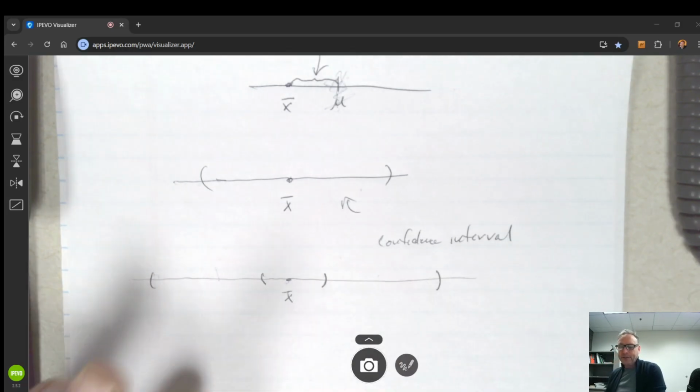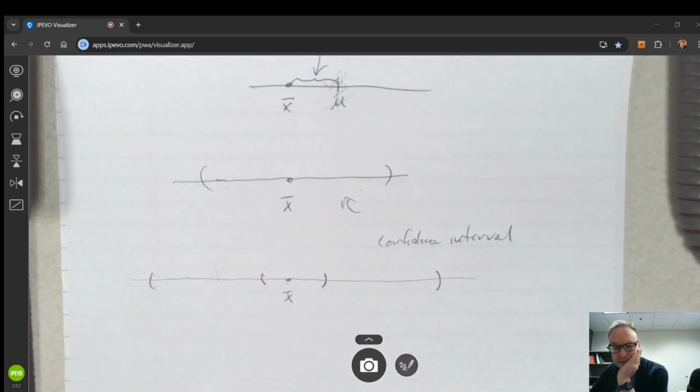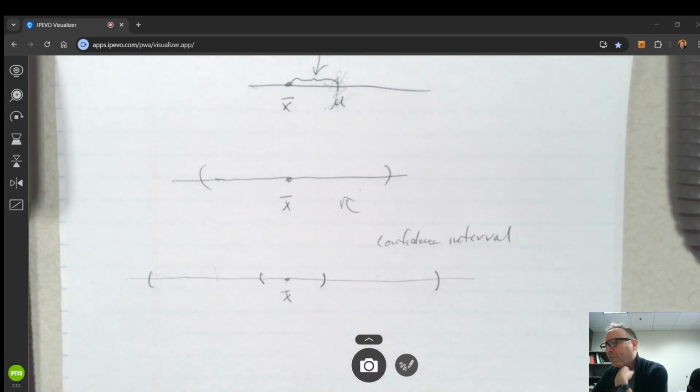So why don't I just keep making that interval as big as possible, and then I would be certain that I got the mean? Well, if you do that, you've weakened the value of your estimate. Kind of like if I said, I'm guessing that the population test average for Gateway is between 10 and 99. What is that telling me? That's not telling me anything.